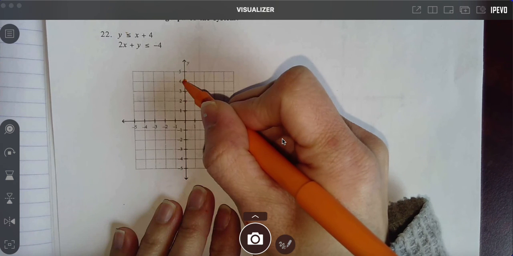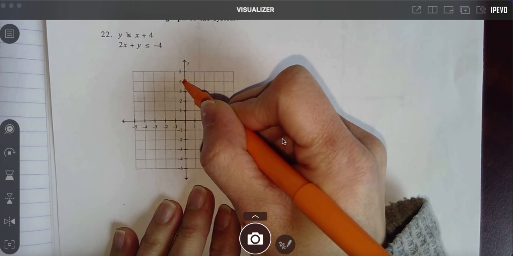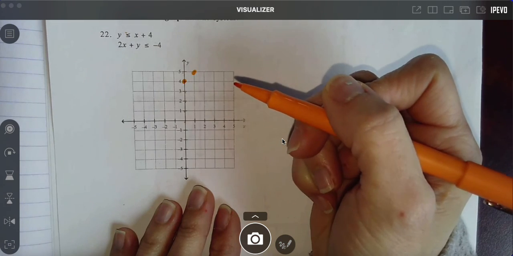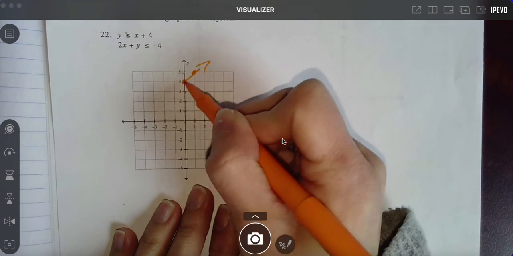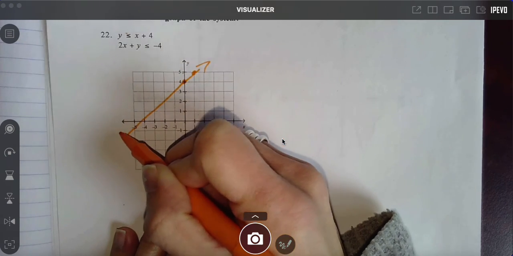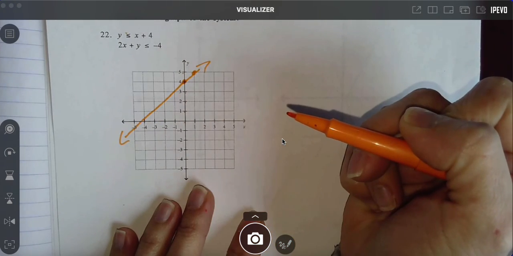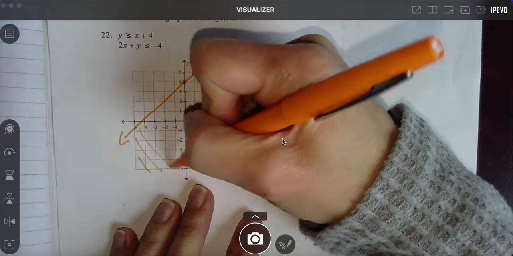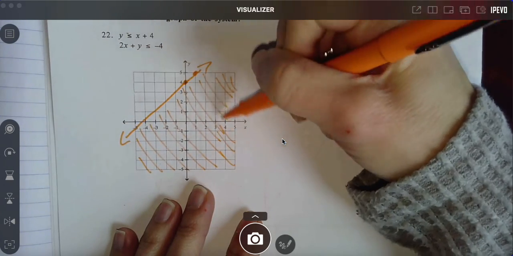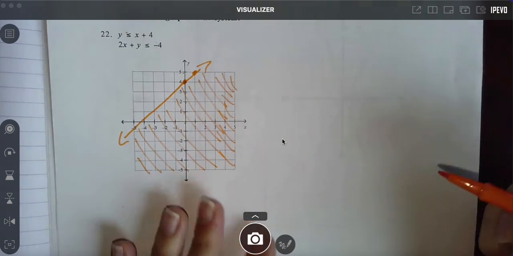My slope is a positive 1 in front of that x. So, I'm up 1 over 1. Dotted or solid line? Solid line because it was equal. And do I shade above or below it? Below it. The end. No, that was only one of the two inequalities.